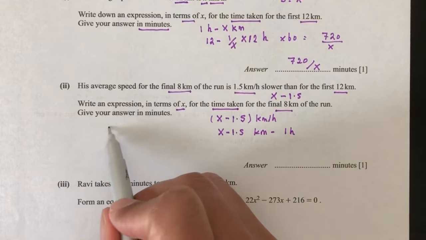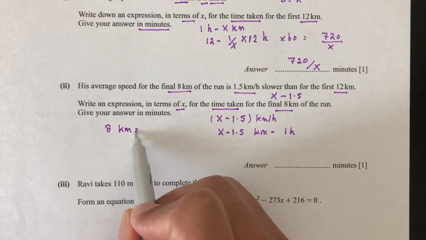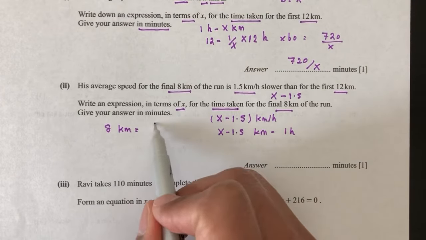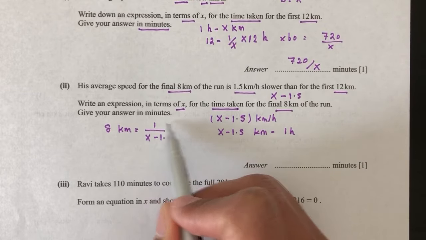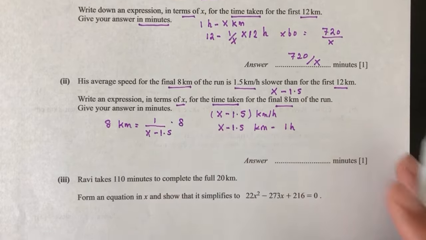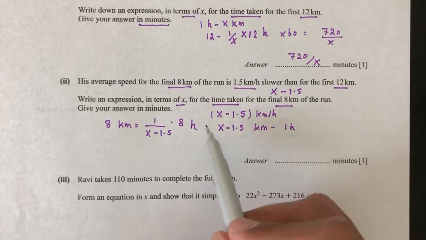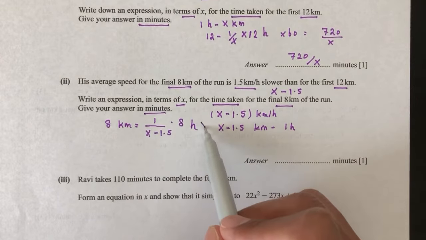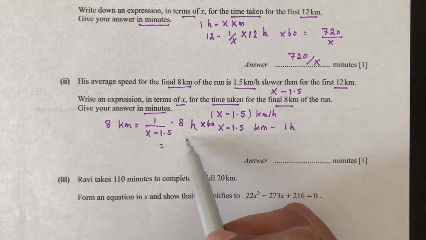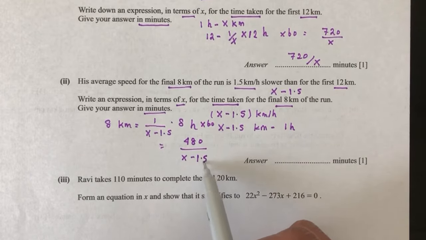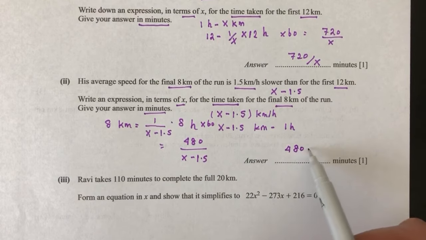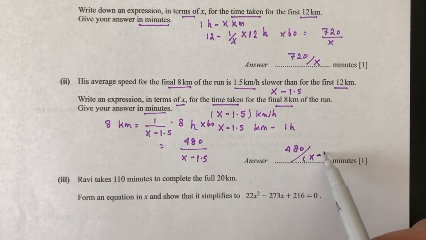So how much is 8 km? It will be 1 divided by x minus 1.5, times 8. Now this will be in hours, and to find minutes you have to times 60. That will be this over this. This will be your answer for part 2.